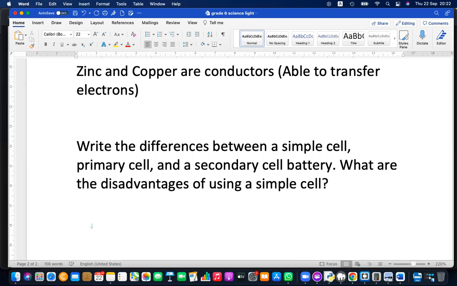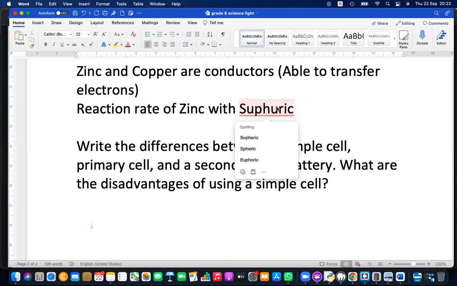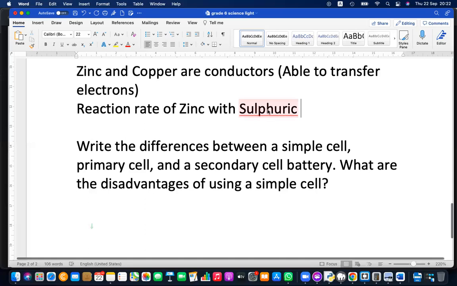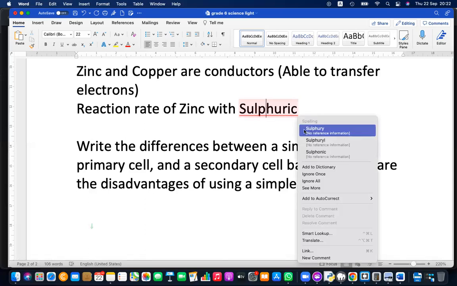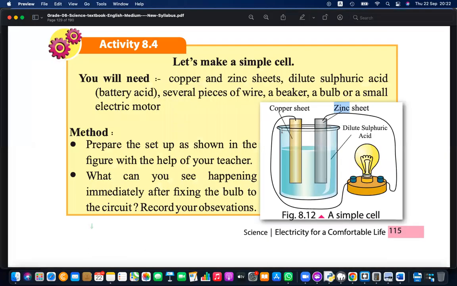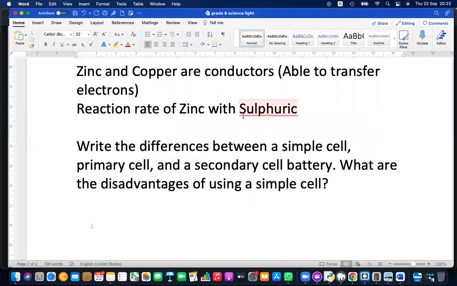Okay. Reaction rate of zinc with sulfuric acid. What's missing here? Sulfuric, correct?